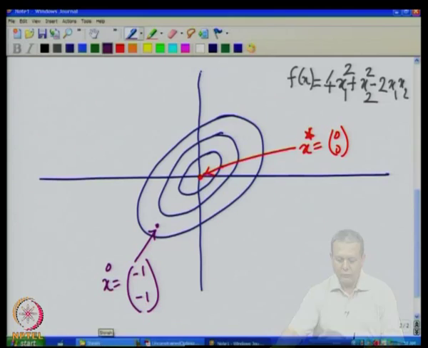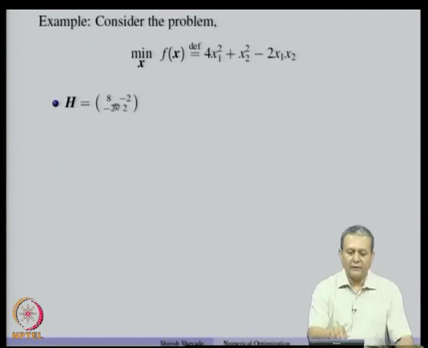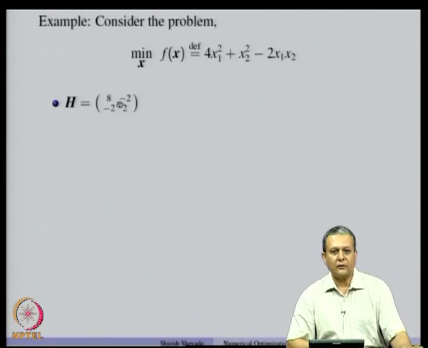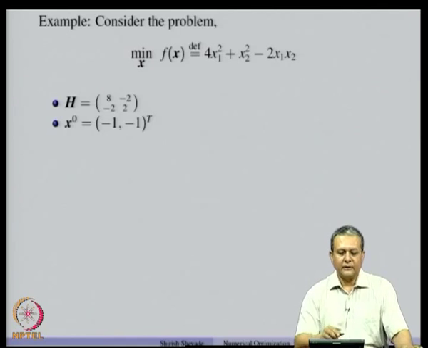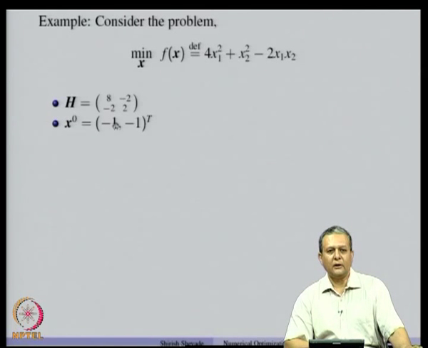Okay, so, let us see how to do that. Now, we have already seen that the Hessian matrix in this case is this, which is not a diagonal matrix. So, let us consider the initial point minus 1 minus 1, where both the coordinates are the same, and let us consider the first direction to be 1 0. That means we want to optimize only with respect to x 1.